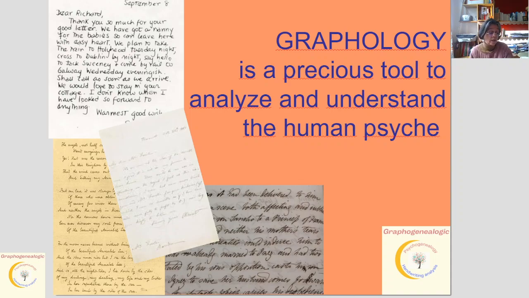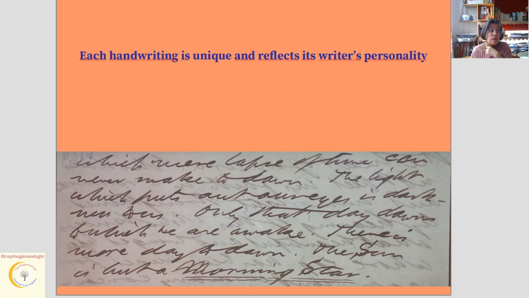Okay. So, also the handwriting is an expressive psychomotor activity. Okay, it's an amalgam of psychological, neurological and physiological processes. And each handwriting is unique and reflects its writer's personality. Okay, that's in a unique way that you will personalize, deform, make different the shape of the letters, the way you learned them, not only the shape of the letters.